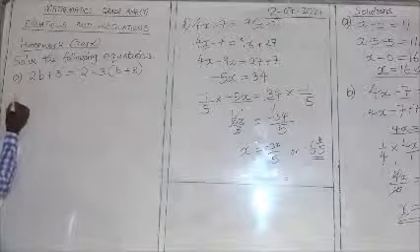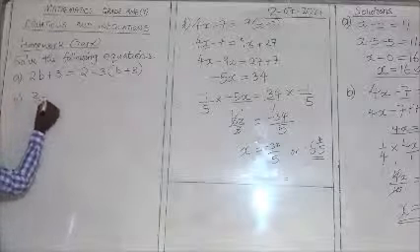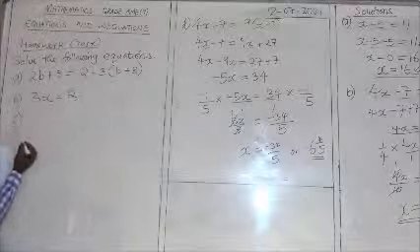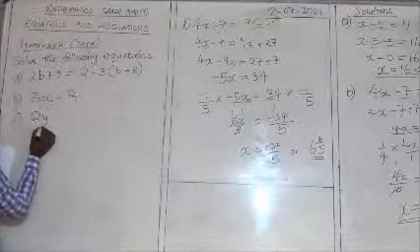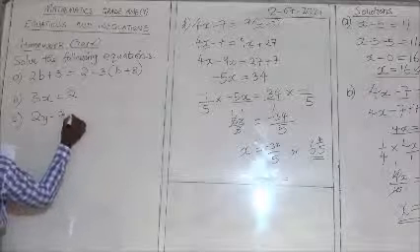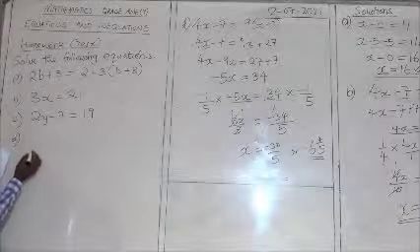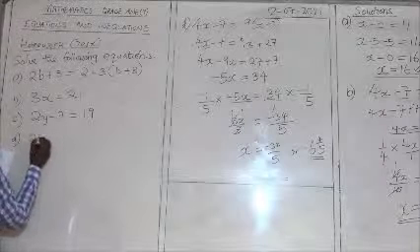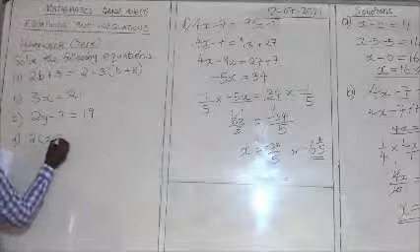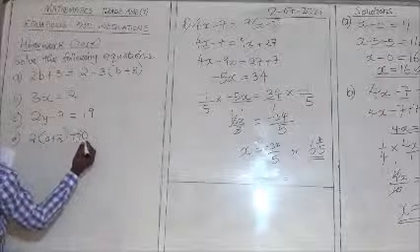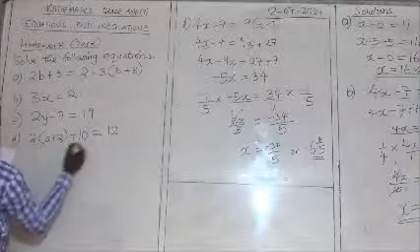Then for part B, you have 3x is equal to 21. Then C, you have 2y minus 7 is equal to 19. Then in D, you have 2 multiplied by a plus 2, then this added to 10 is equal to 12.